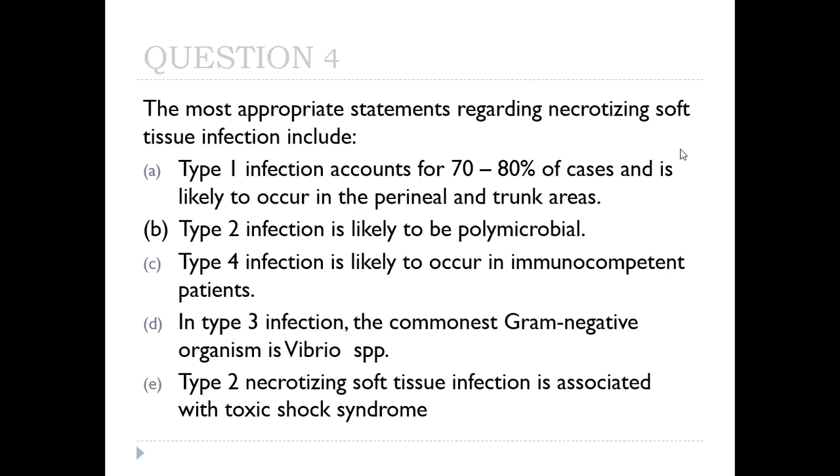So the answer is, type 2 is monomicrobial, which is a toxic shock syndrome like picture. Okay? See, microbiology is very important for you to learn, because if you are giving the exam, these are the questions which will come.